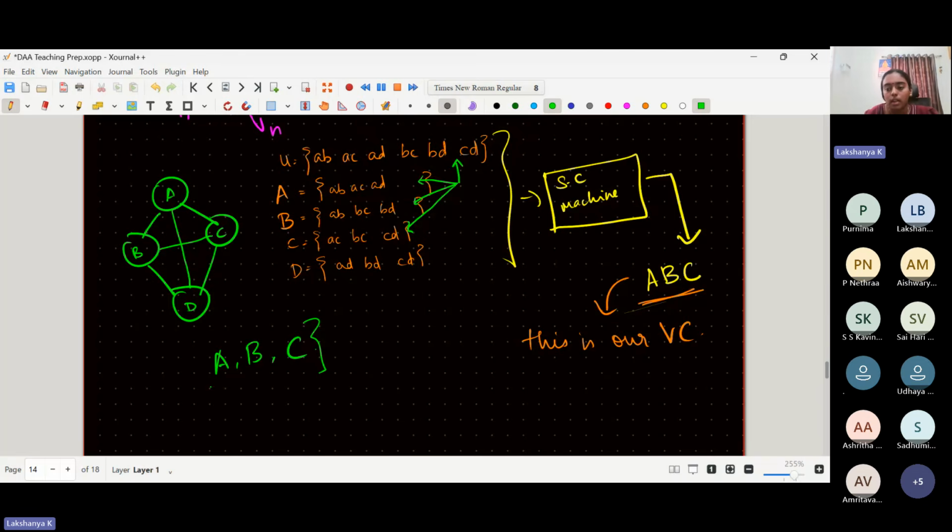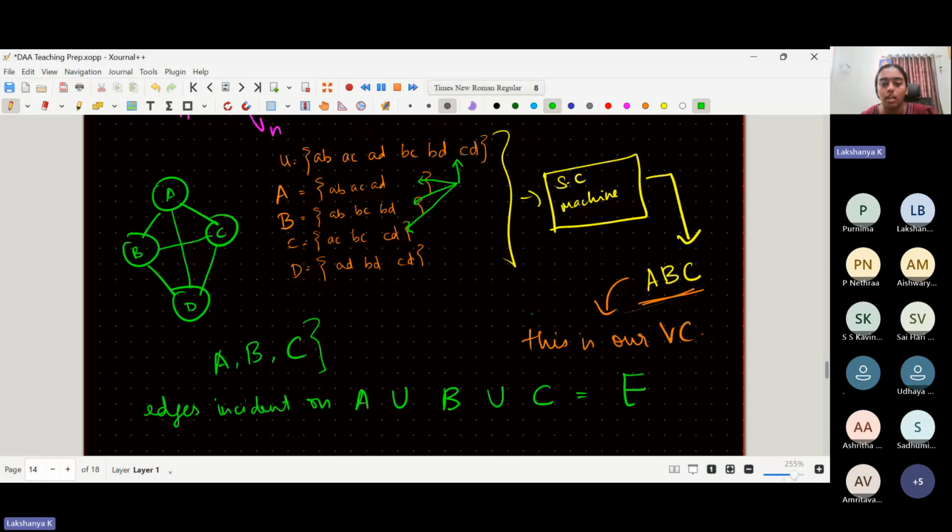So what this means is all edges incident on A, union edges incident on B, union edges incident on C is equal to my entire set of edges. Correct?